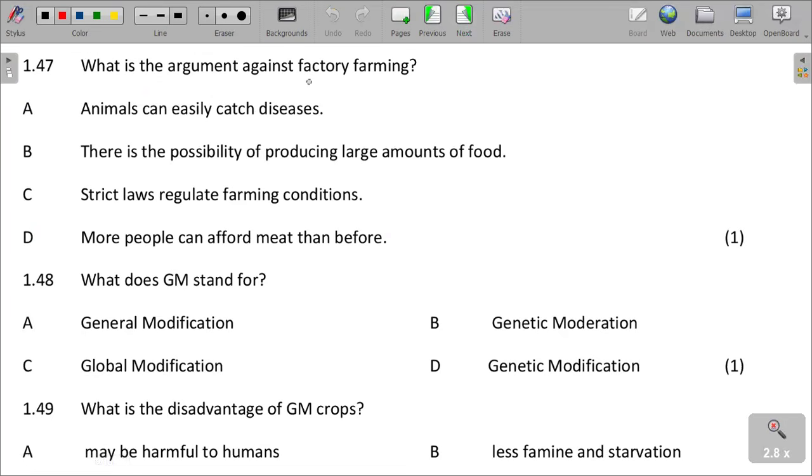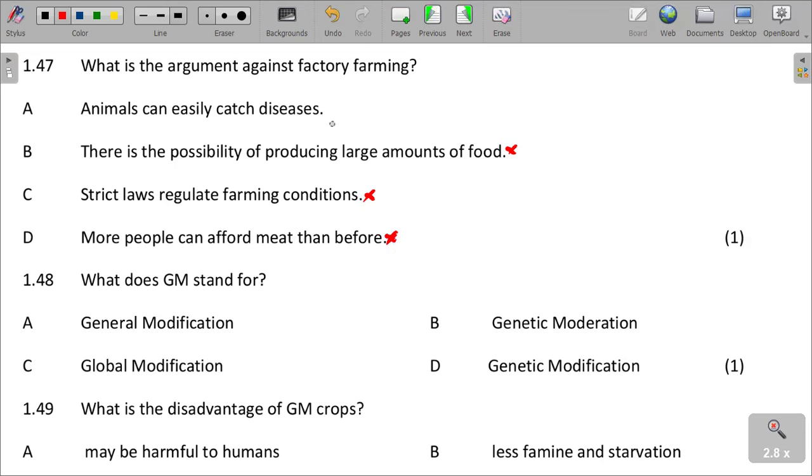What is the argument against factory farming? Animals can easily catch diseases. There is the possibility of producing a large amount of food too, it cannot be a problem. Strict laws regulate farming conditions. More people can afford meat than before.